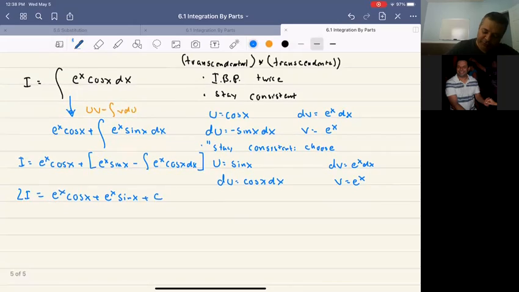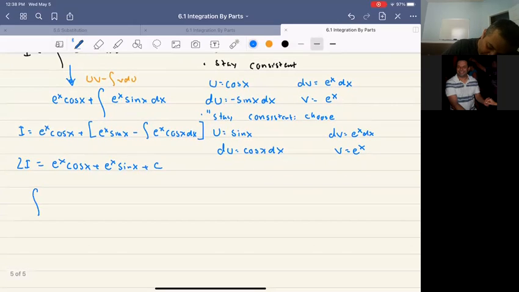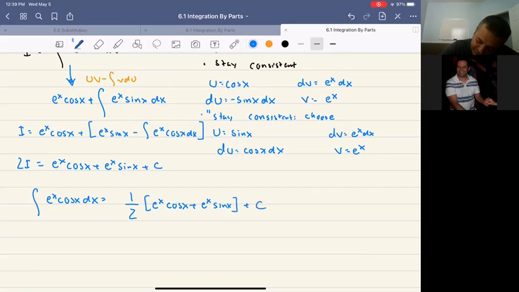So the integral of e to the x cosine x dx equals 1/2 e to the x cosine x plus e to the x sine x plus a constant.